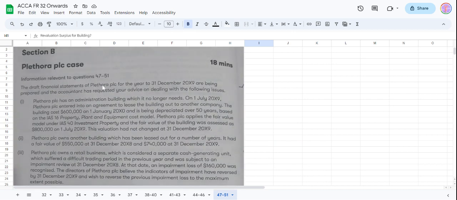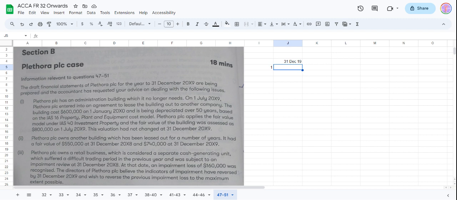The draft financial statements of PP for the year ended 31st December 19 are being prepared, and the accountant has requested your advice on dealing with the following issues. PP has an administration building which it no longer needs.